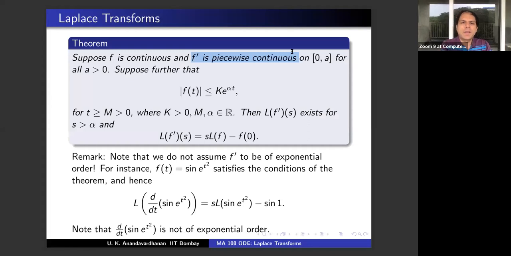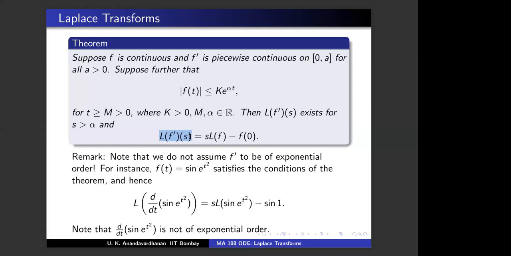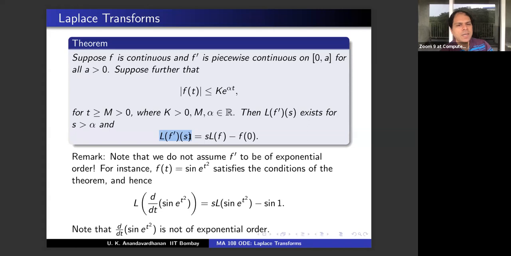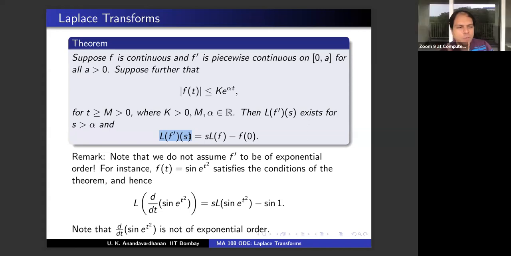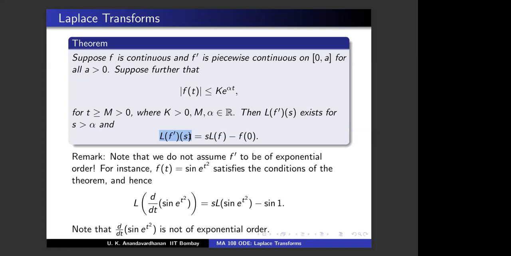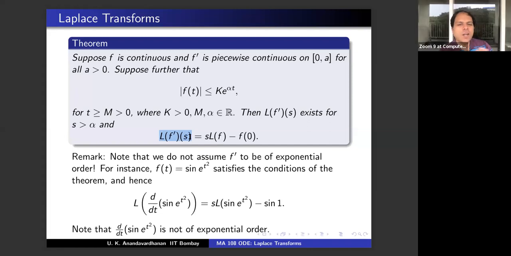What will be your step? If f prime is continuous, you have to start here. What is the definition of L of f prime? Integral of e power minus st times f prime t dt, and you can finish the proof. What is the next step? Integration by parts, by taking the integral of f prime.